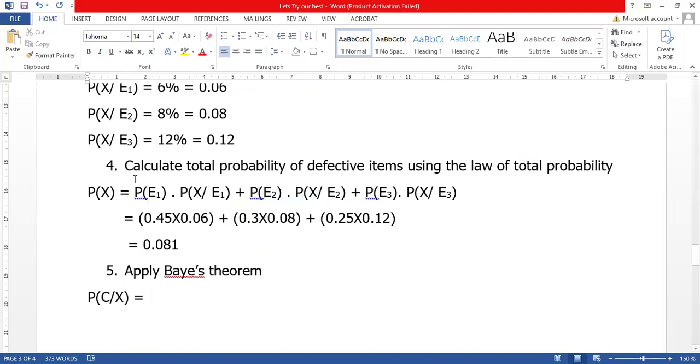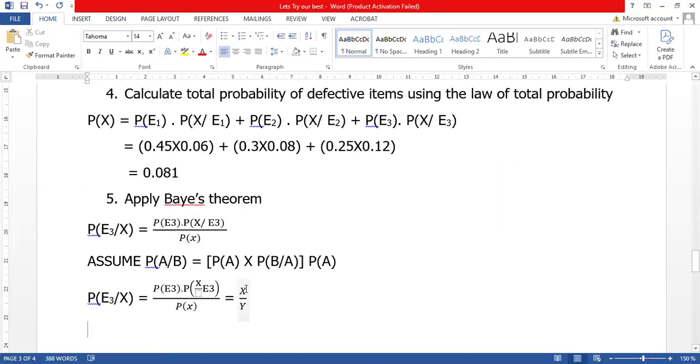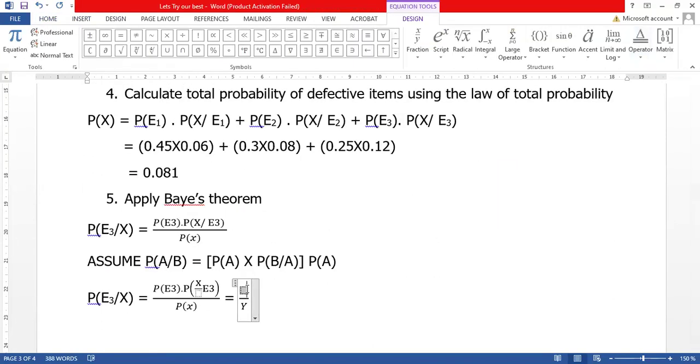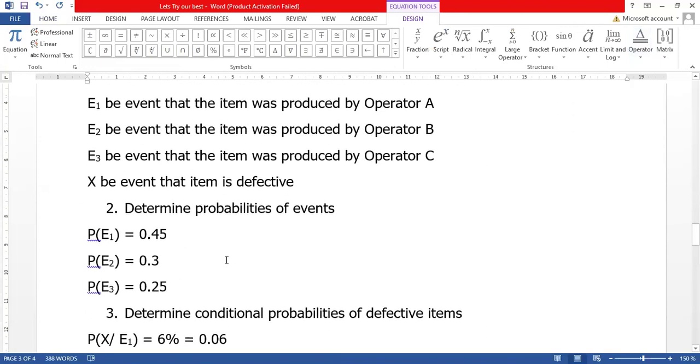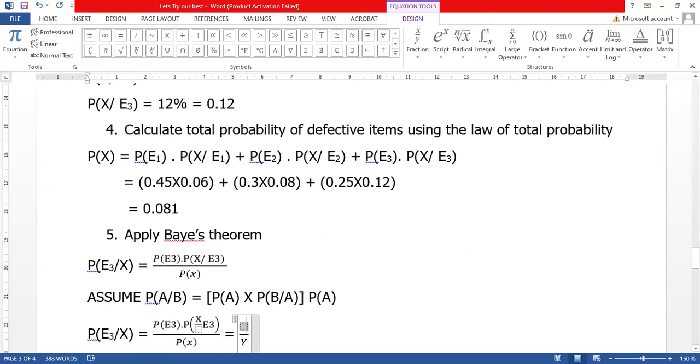From this, do you remember? Yes. How do you get this? Using Bayes theorem. It will be equal to, already we have probability of E3. E3, it was what? 0.25 times. What is this probability? 0.12.